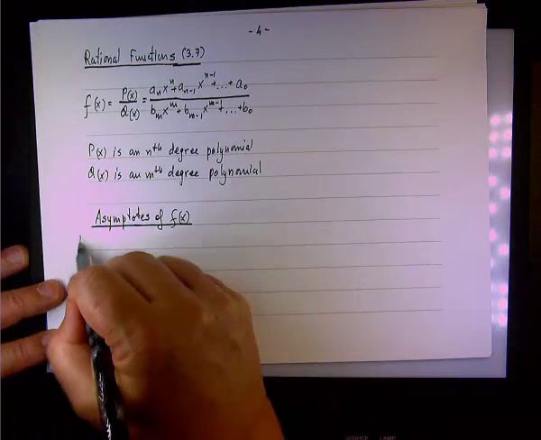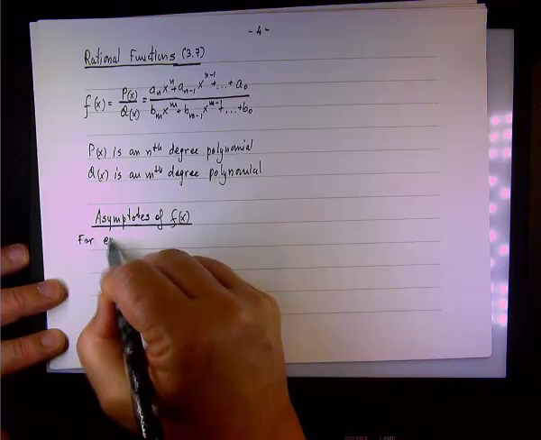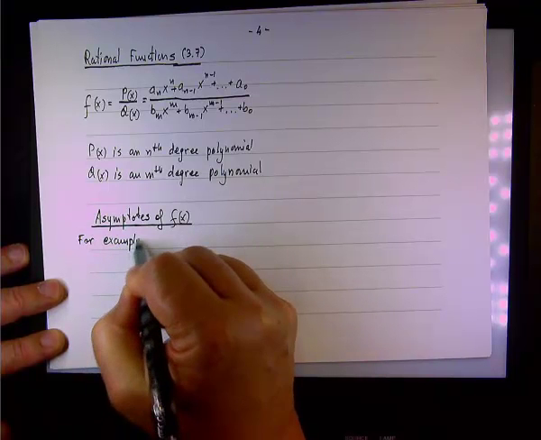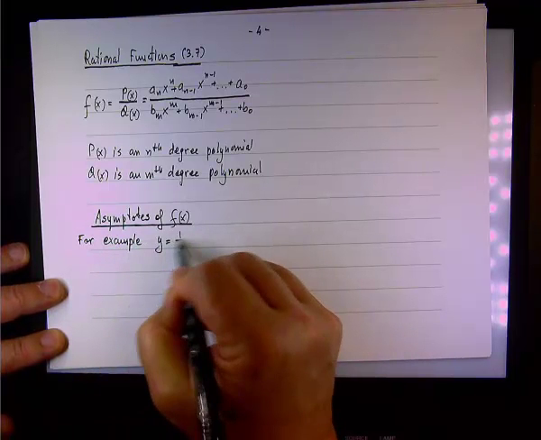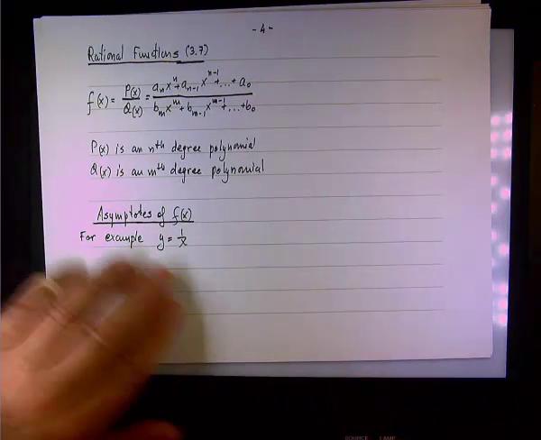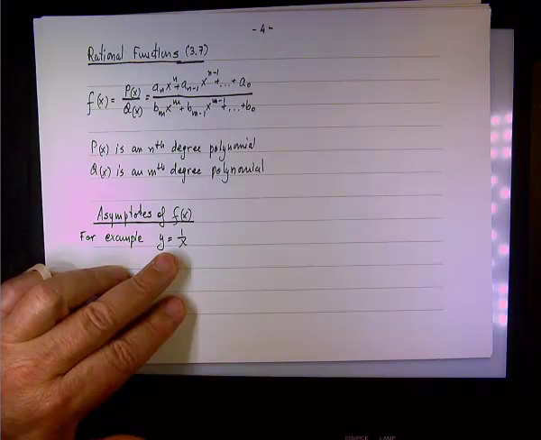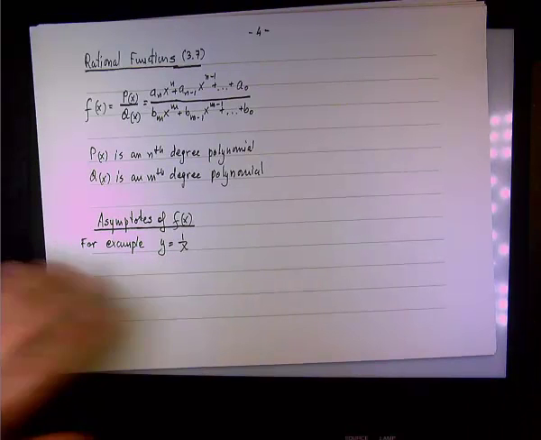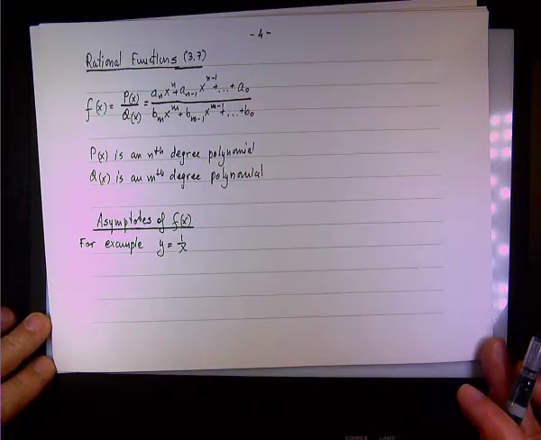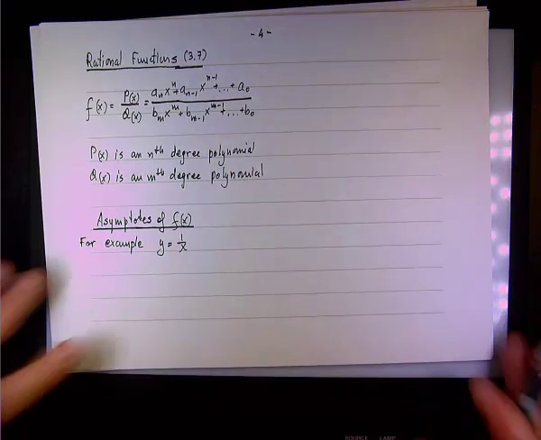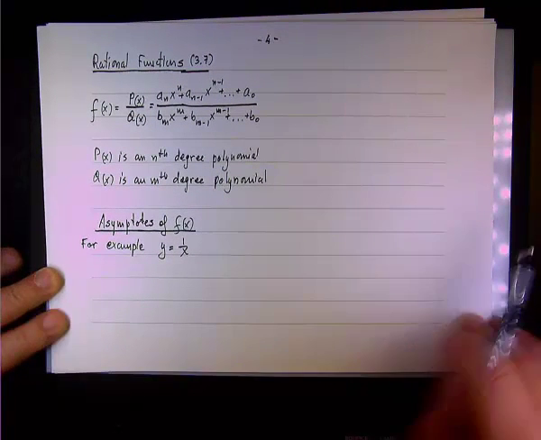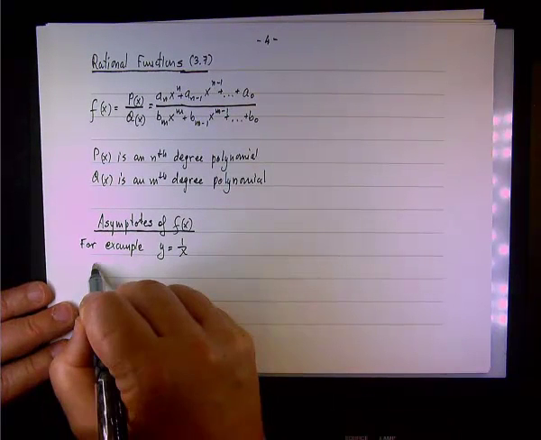So asymptotes. Okay. So for example, as I said, I'll take y equals 1 over x. Now, believe it or not, this is a rational function. 1 is a polynomial, degree 0. X is a polynomial, degree 1, right? x to the power of 1 and x to the power of 0.